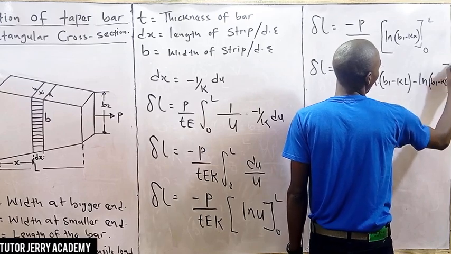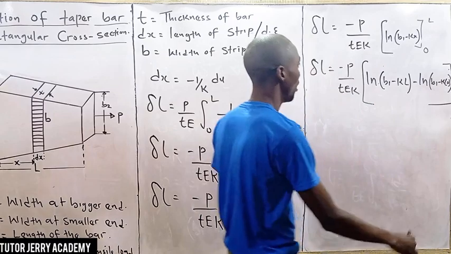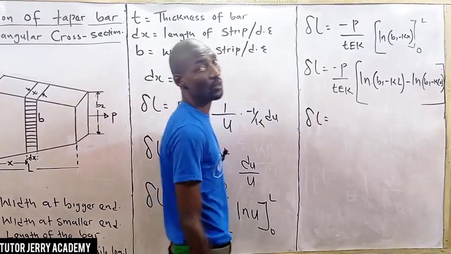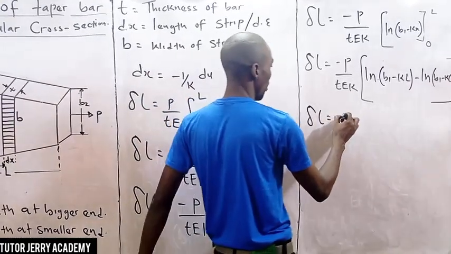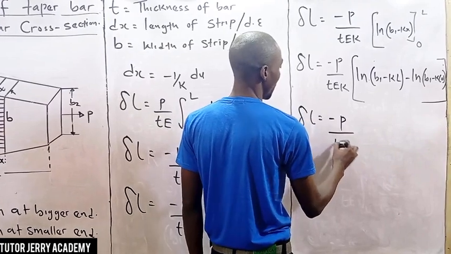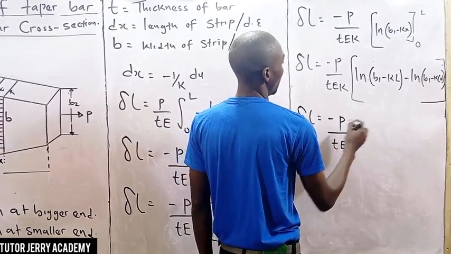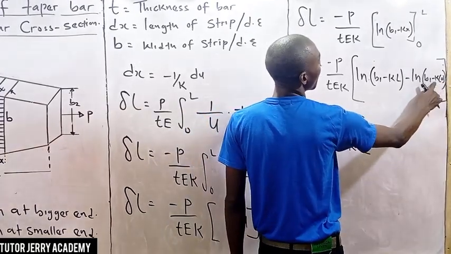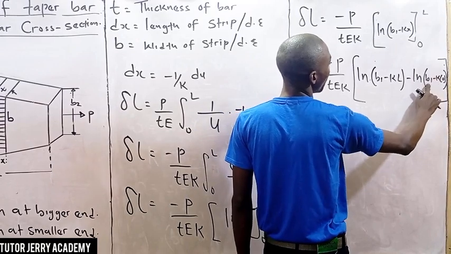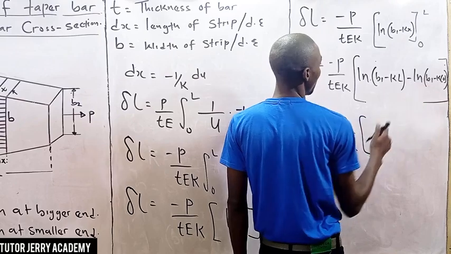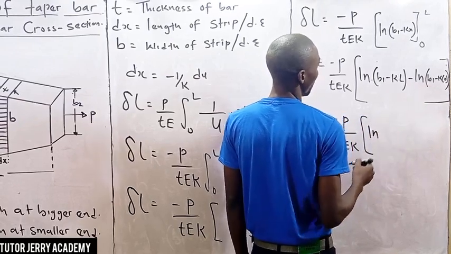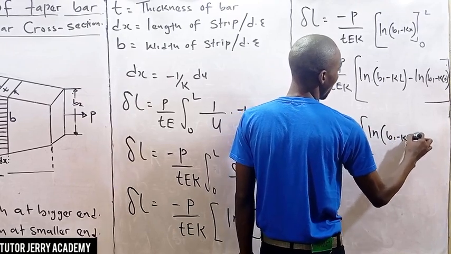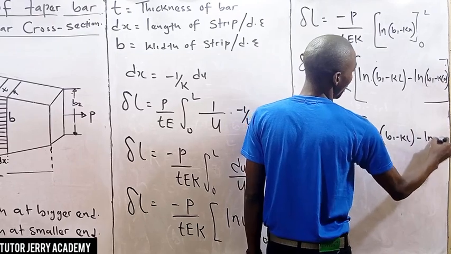Close the bracket. So now L equals minus P all over T E K. Then we open this. We know 0 times K is 0, then B1 minus 0 is B1. So everything here will be ln of B1 minus KL minus ln of B1.